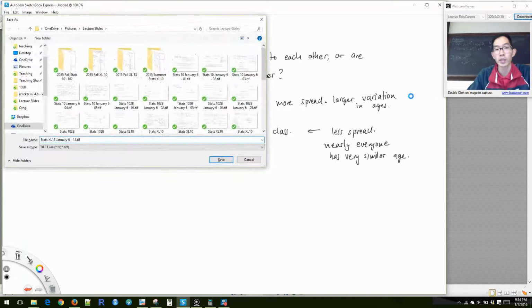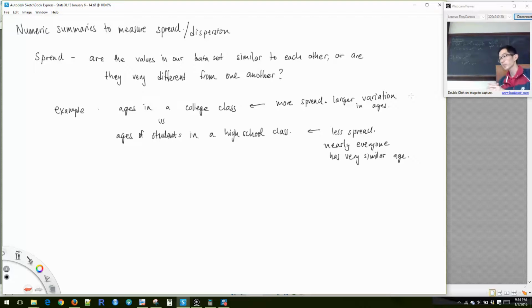Okay? And so we have numeric summaries that basically assign a quantity to this concept of spread. So rather than just saying this has less spread, this has more spread, we can assign a numeric value to the amount of spread that we have. Some of these are simple concepts.